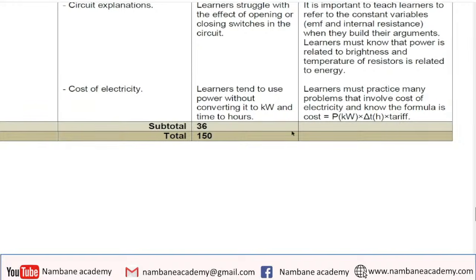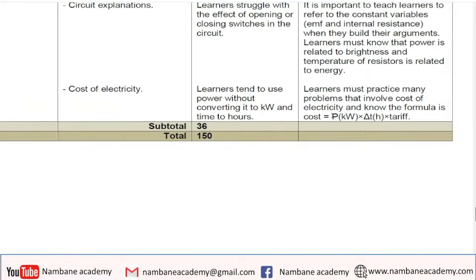And the formula is not given in the formula sheet, but it is there. P is power, but the power for cost of electricity must be in kilowatts, time must be in hours, and tariff is the money that whatever service provider charges for a kilowatt hour of electricity.